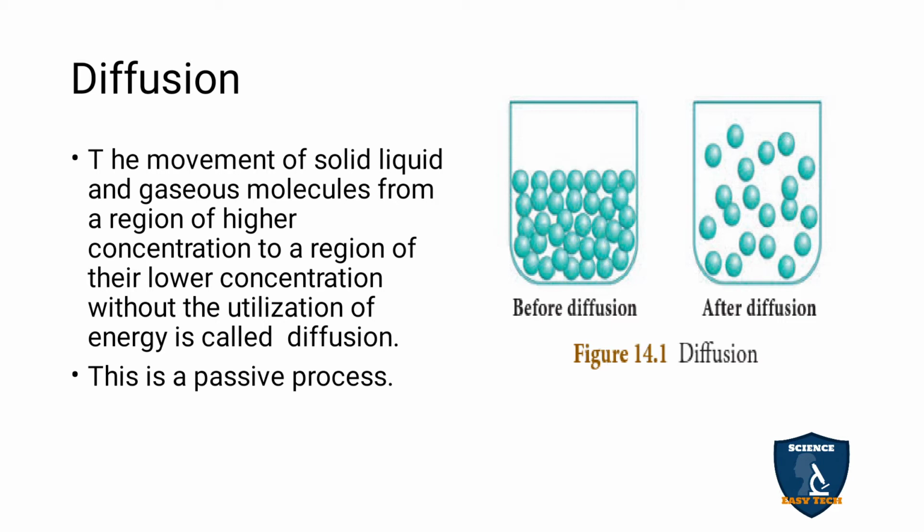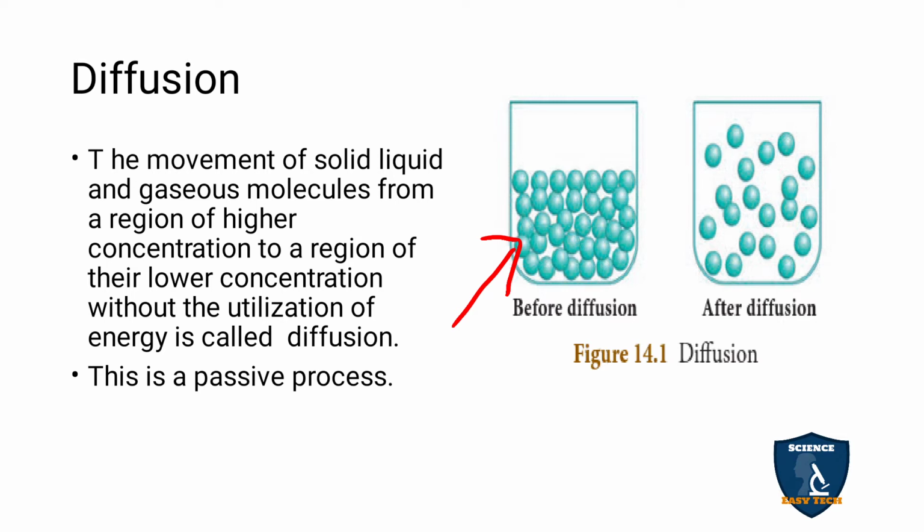So diffusion means movement from a region of higher concentration to a region of lower concentration without using any energy. Because it does not use energy, it is called a passive process. You can see the solid particles before diffusion.